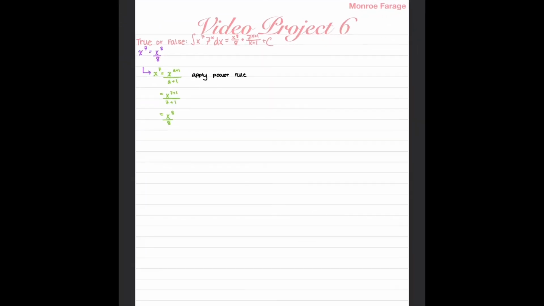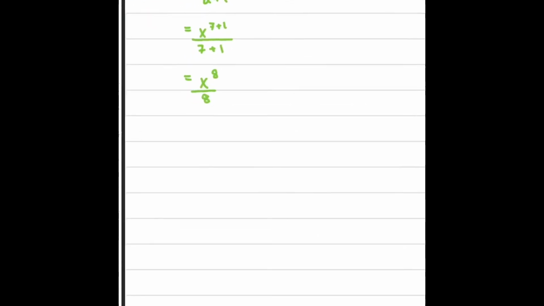Alright, and then just an overlook of the problem that I just did for a couple of seconds. And then we're going to do the next step, which is 7 to the x power. And for that answer, I got 7 to the x over the natural log of 7. And then again, I'm going to draw another arrow just to show you my work.